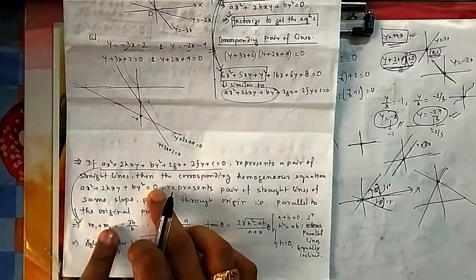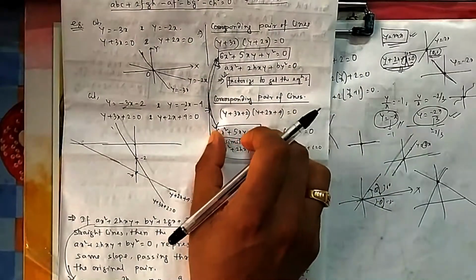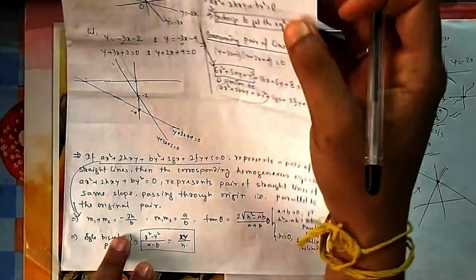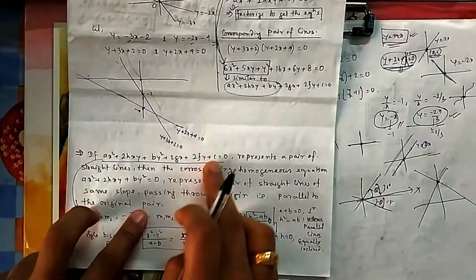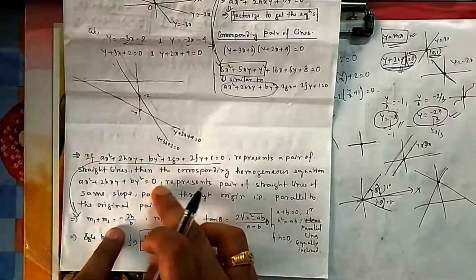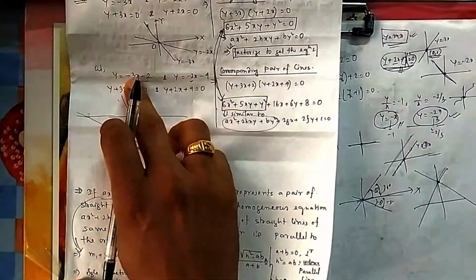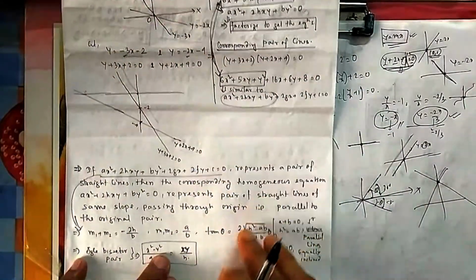So for slopes you don't need to take care of all these things. You just take care of this part and you will find the slope, which is parallel to your original pair. Slopes will be equal. Here also -3, -2.